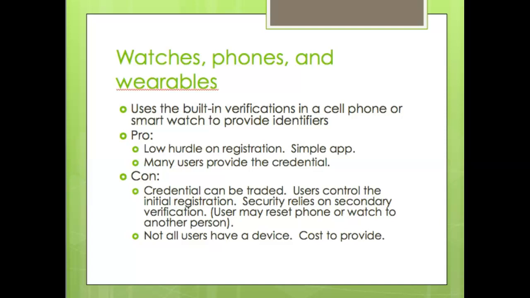The cons are that credentials can be traded, because you're not actually taking the credential. You're not putting the data in to verify that identity. Someone else is. So when you get your cell phone and you set up your facial recognition, and then you use your cell phone to get in a door, as your credential, as your badge, if you will, you provided the credential.